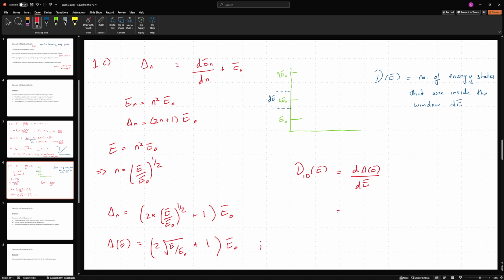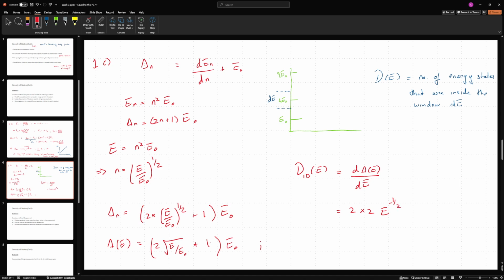From this, what I have to do is take the derivative of this with respect to E. Now that is going to be 2 times. I have square root of E over here, so that is going to give another 2 times E to the power minus half.